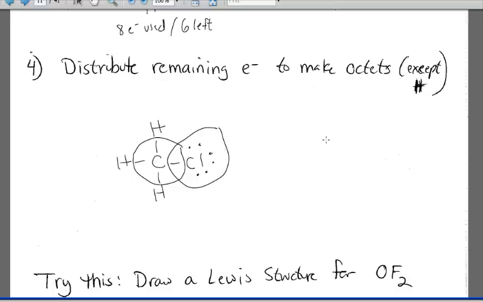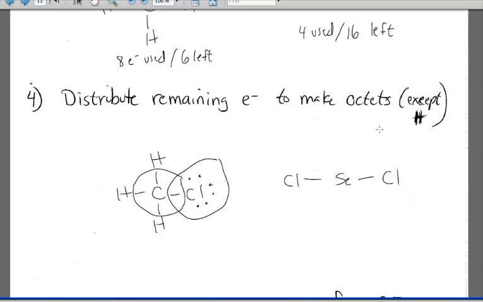All right, so let's go to selenium dichloride, and we had 2 there, and we still have, how many do we have left? 16. Okay, so let's start putting electrons out to make octets.